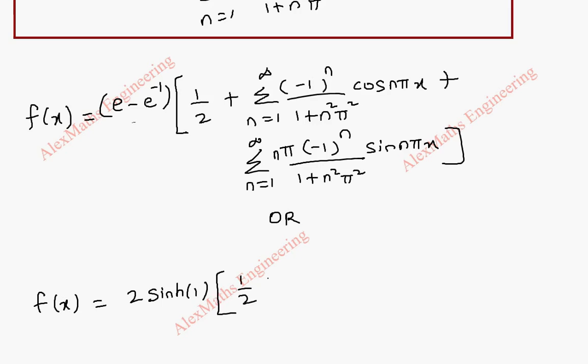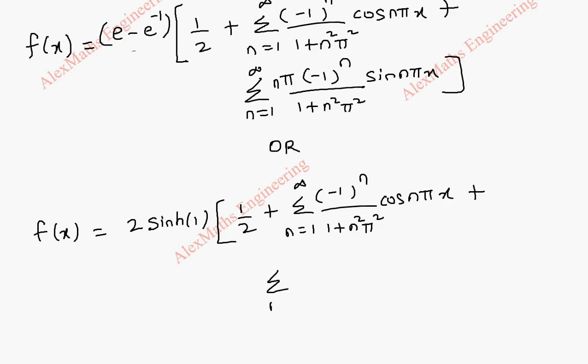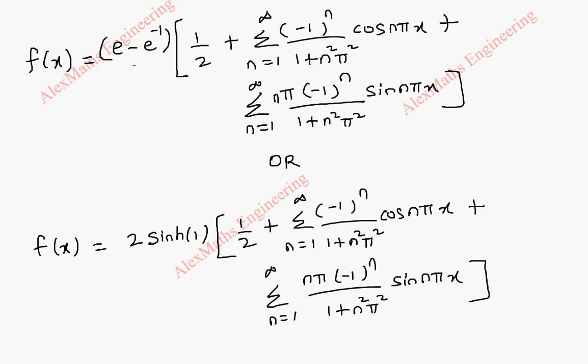So 1 by 2 plus summation n equal to 1 to infinity minus 1 whole power n by 1 plus n square pi square cos n pi x plus summation n is equal to 1 to infinity n pi minus 1 whole power n by 1 plus n square pi square into sin n pi x. So we got the Fourier series expansion for the given function.